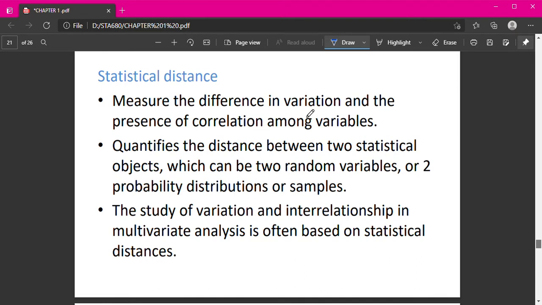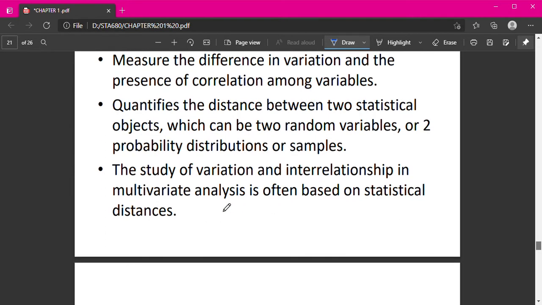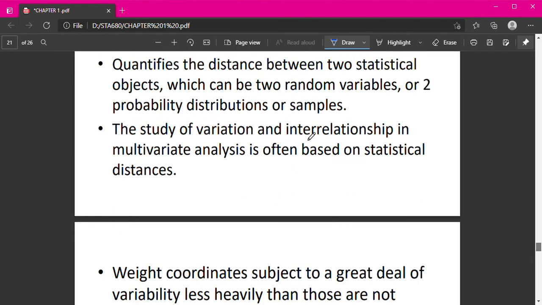Okay, kalau kita ada beberapa direction, dan juga the presence of the correlation among variables. Okay, it quantifies the distance between the two statistical objects, which can be two random variables or two probability distribution. Okay, so the study of the variation and the interrelationship in multivariate analysis is often based on statistical distance.